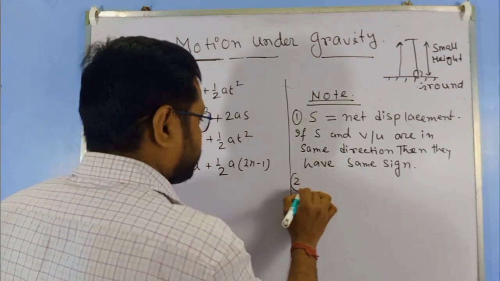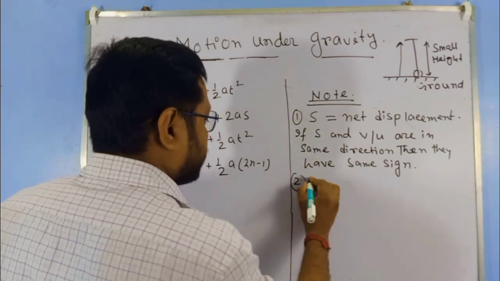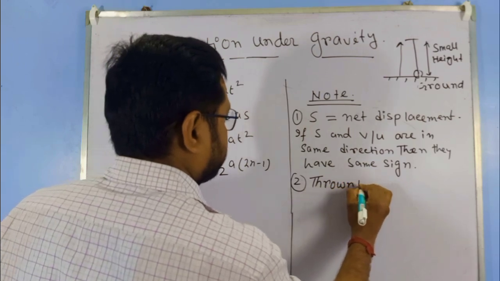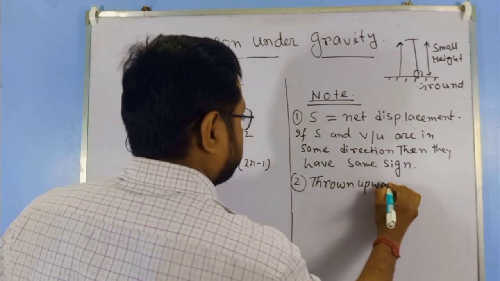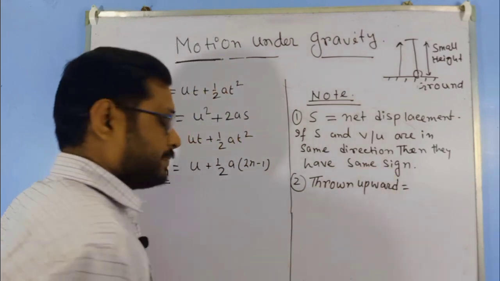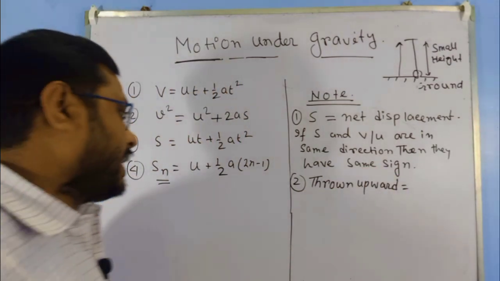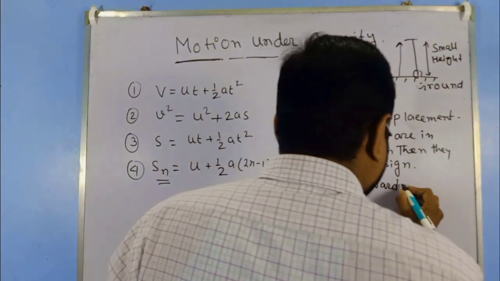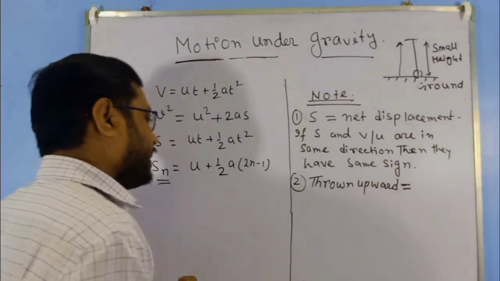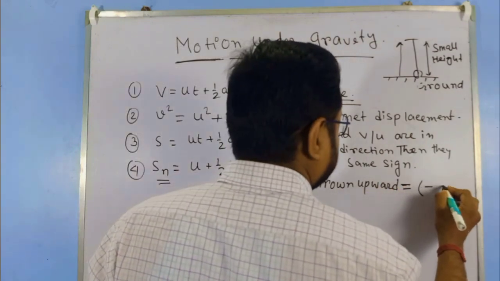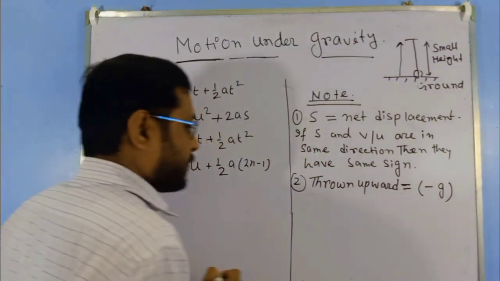Number 2, when the body is thrown upward, its velocity decreases because the acceleration due to gravity, that is the value of g, is in the downward direction. So when the body is thrown upward, we take the value of g as minus g.